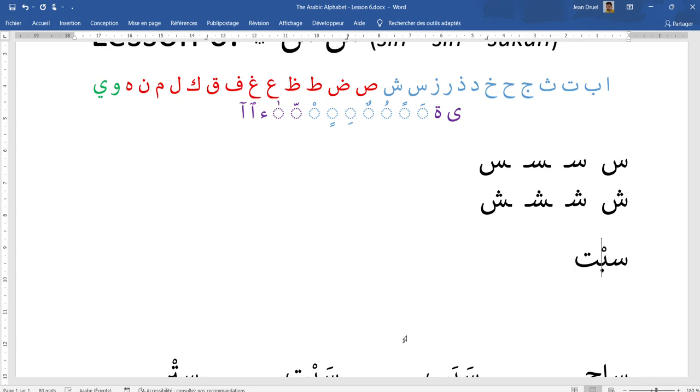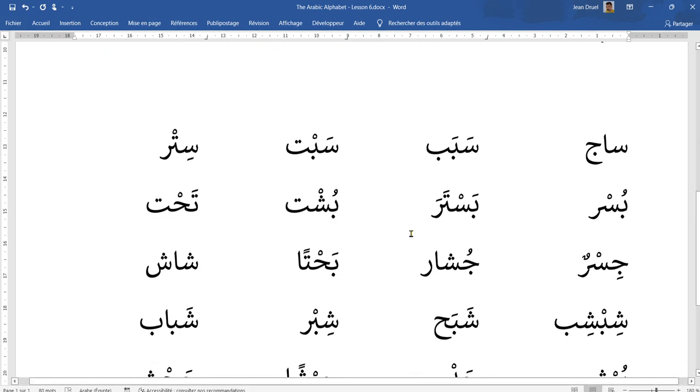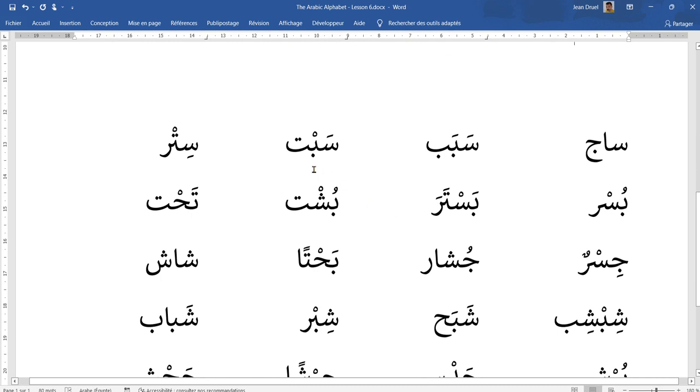Okay, sabt. So this is the most common way to find a sukūn. That would be either like this, sabt, or with an ending vowel, sabtu, sabtun, no problem. So I will show you now a few words with sin and shin, and with the letters that we've studied before, and with sukūn.